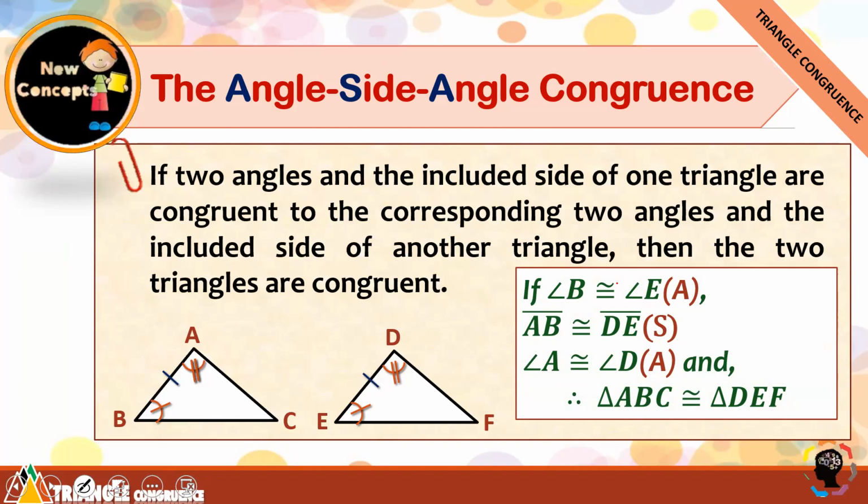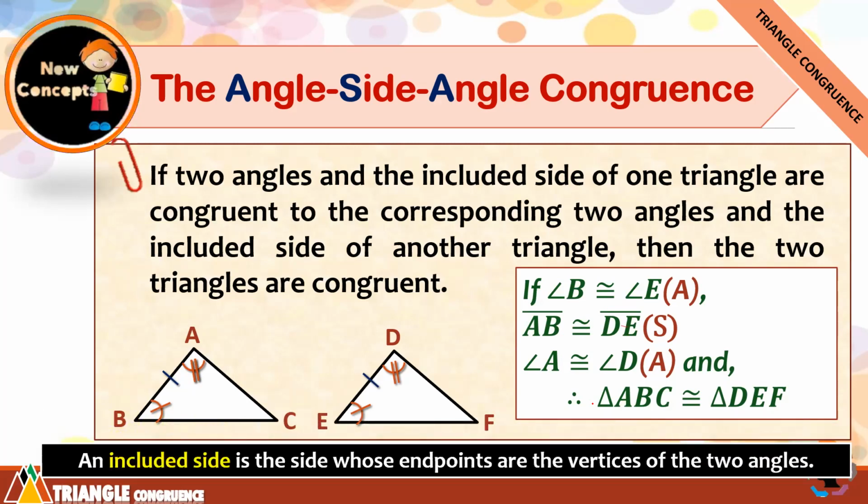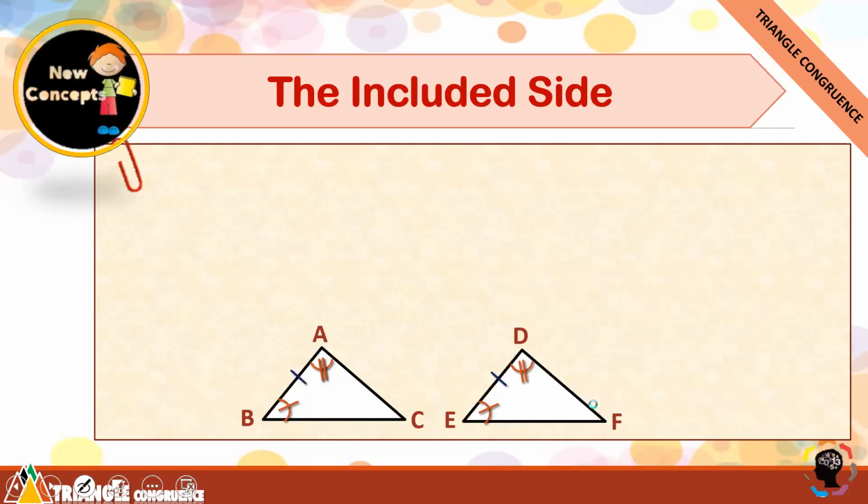So there are two angles, and in between the two angles is the included side, right? For example, if angle B is congruent to angle E, and side AB is congruent to side DE, which is the included side, and angle A is congruent to angle D, then triangle ABC is congruent to triangle DEF. Again, the included side is the side whose endpoints are the vertices of the two angles.